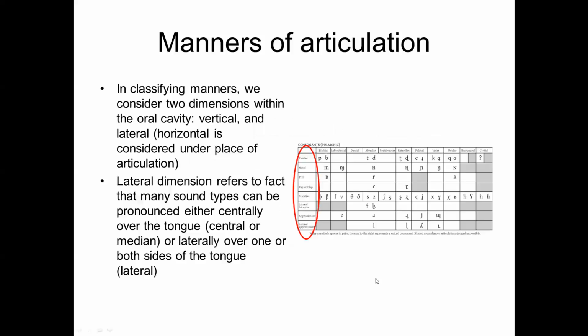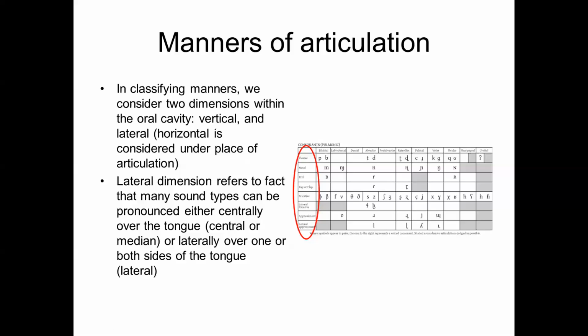And you'll find all of these manners on your IPA chart. If we look at the pulmonic consonant section, you'll find a bunch of them, the ones we're going to talk about today, circled in red. Each row is labeled with a different manner of articulation.